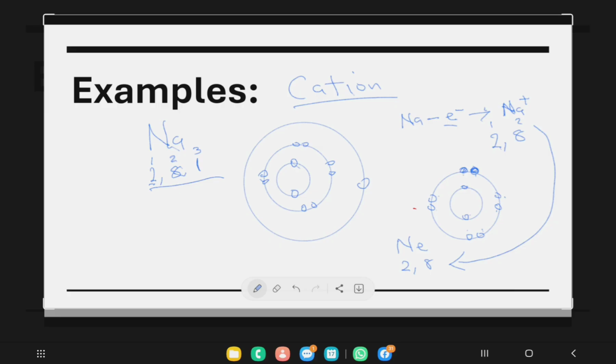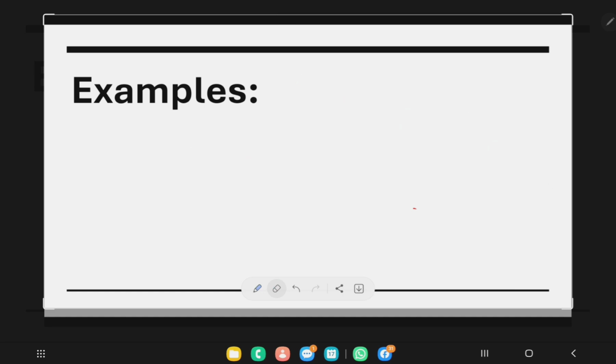Let's look at another example, still the formation of cation. We have calcium, Ca. The atomic number of calcium is 20, which means that calcium has 20 protons, 20 electrons.